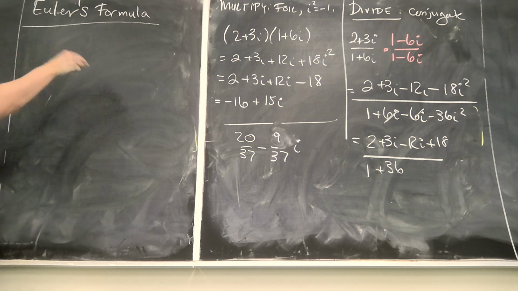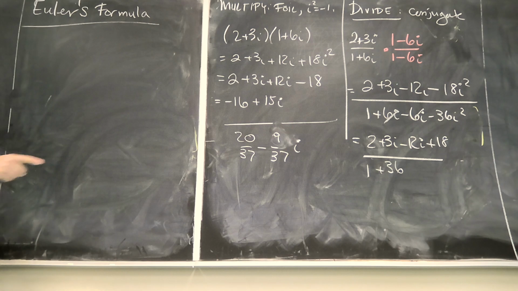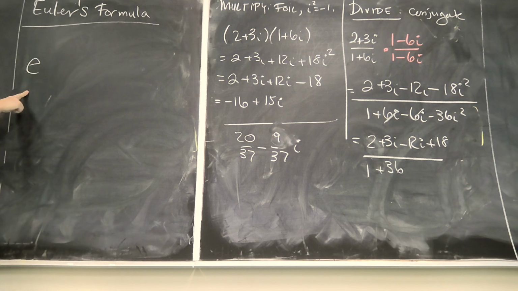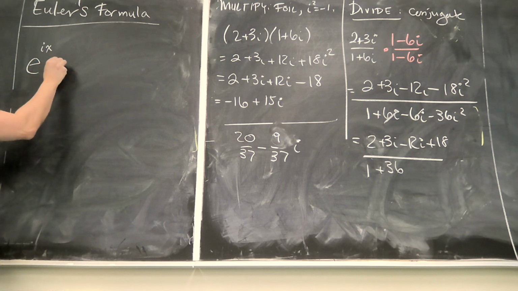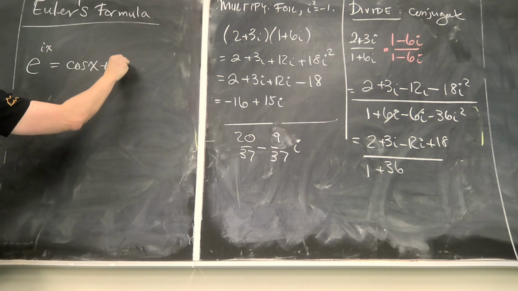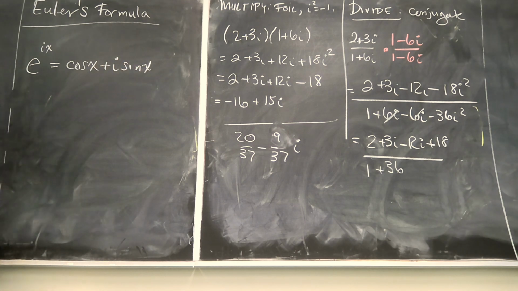Okay, so Euler's formula says this. This is going to seem weird, because I haven't defined this yet. It says, if I write down a number of the form e, the exponential, the constant from calculus, to the ix, so I just take e to the x and I put an i inside there, this is the same as the cosine of x plus i times the sine of x.